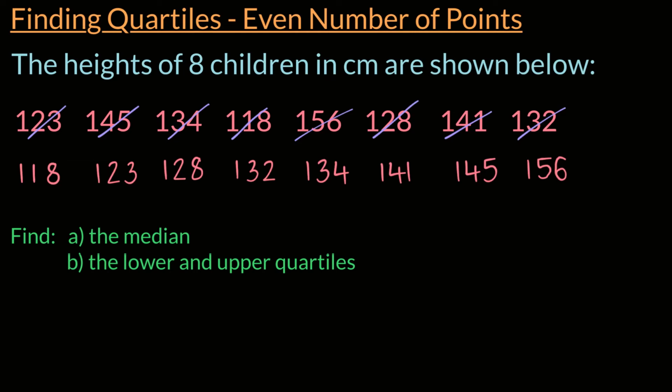With this one here, our median isn't going to be a number that we can just circle. The reason for that is because we have this even number of data points. So if we were to put our fingers on either side and count in, or whether we use the (n+1)/2 method, we end up with the fact that our median lies in between the 4th and the 5th number.